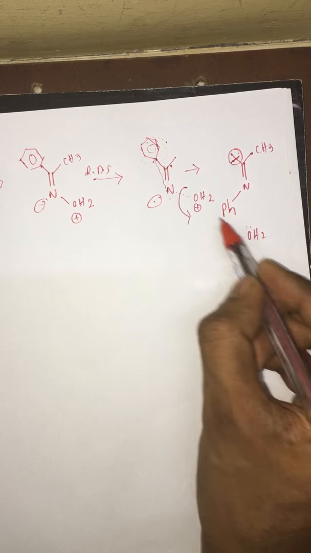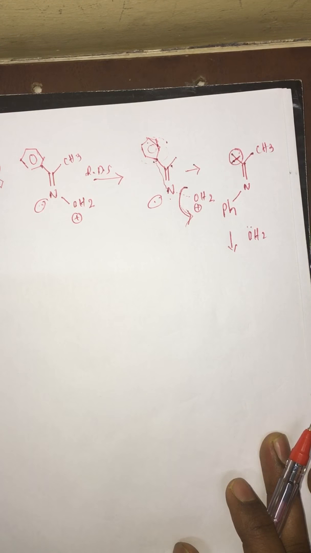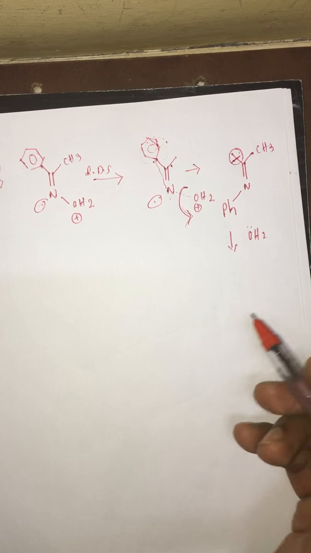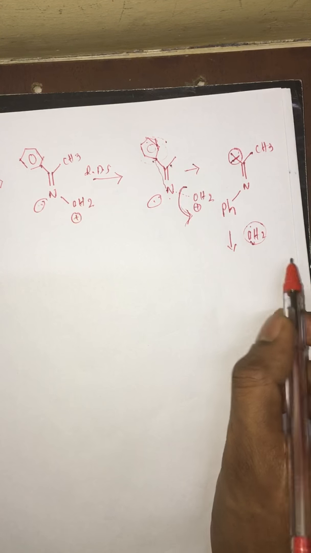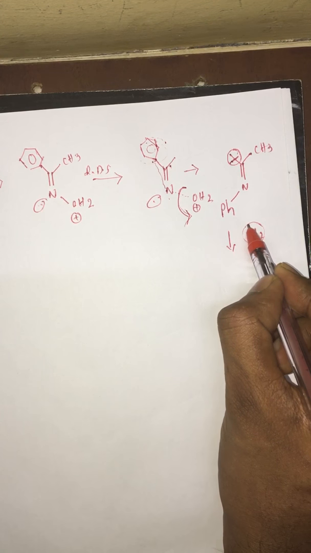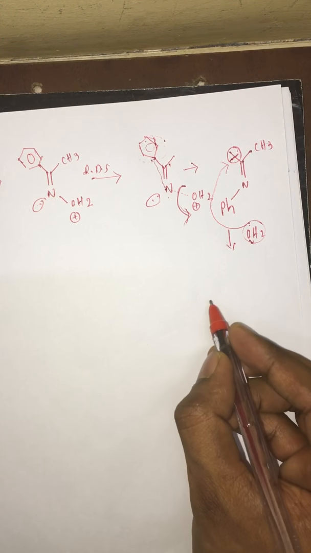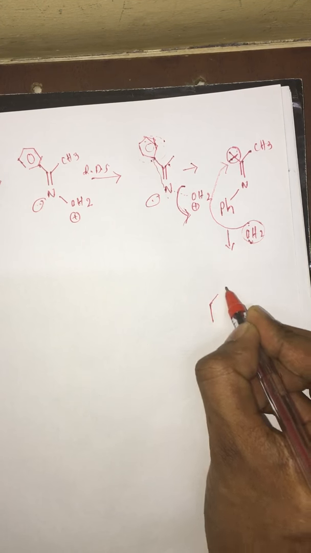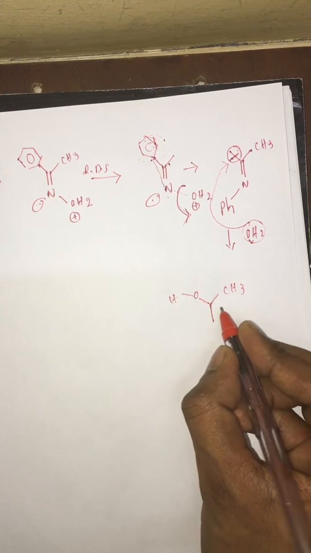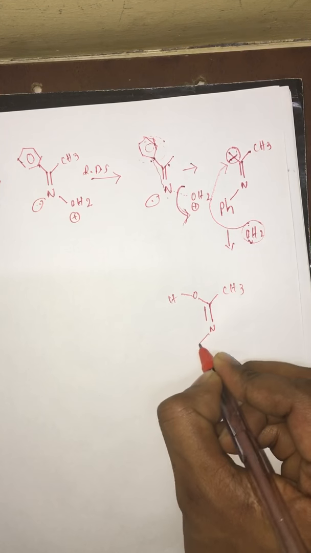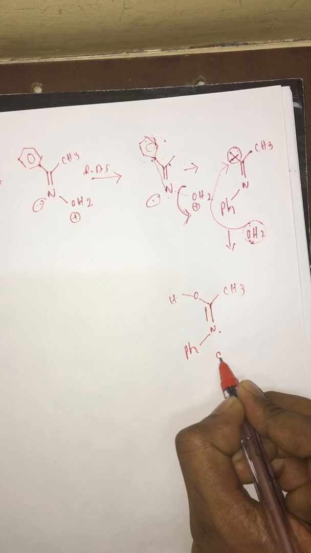The water molecule which is leaving the reaction will not come again. This is a fresh water molecule which we already have in the reaction mixture. This water molecule comes and attacks this carbocation, and it leads to the formation of OH and a double bond here, N-Ph, and now this is the enol form.